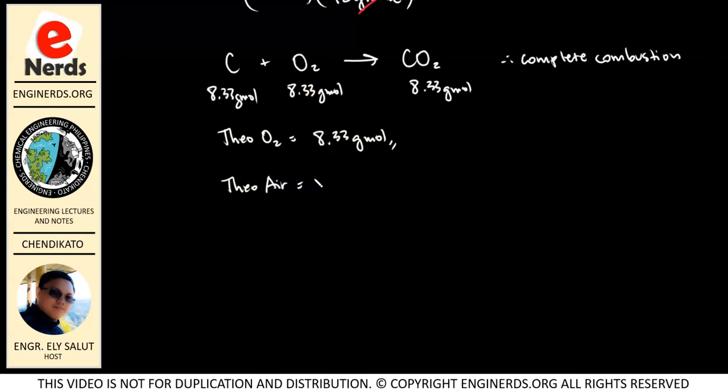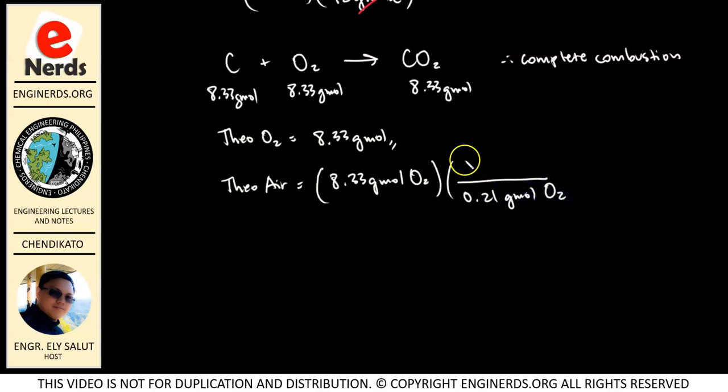And this is equal to 8.33 gram mole of O2 times, so yung fraction ng O2 sa ating air, so we have 0.21 gram mole of O2 in 1 gram mole of air. Okay? So yung gram mole of O2 will be cancelled out.